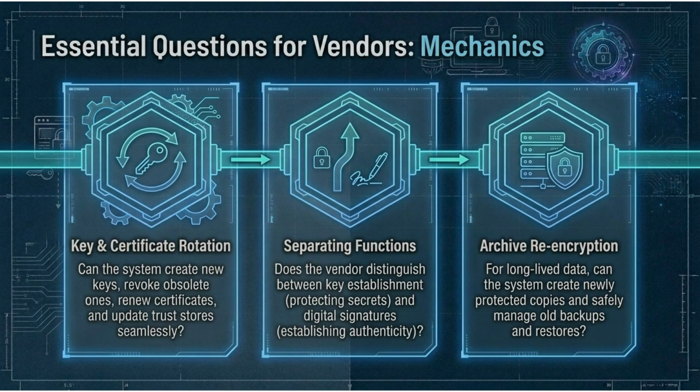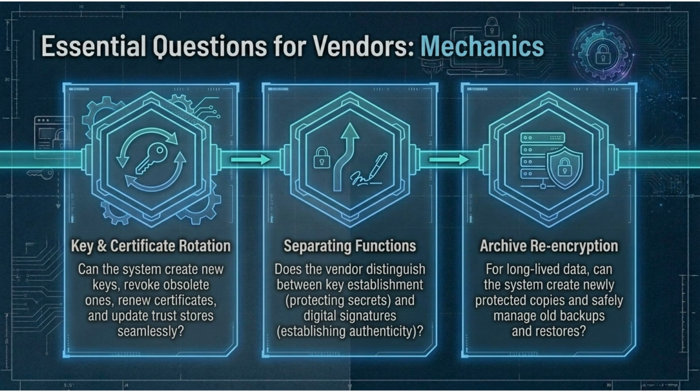Key establishment protects shared secrets during active sessions, whereas digital signatures establish authenticity and integrity for software, documents, and credentials. A vendor that conflates these two functions may not have a complete security model. Third, can the product re-encrypt stored archives? For long-lived data, you must know if the system can safely create newly protected copies and manage older backups without data loss.